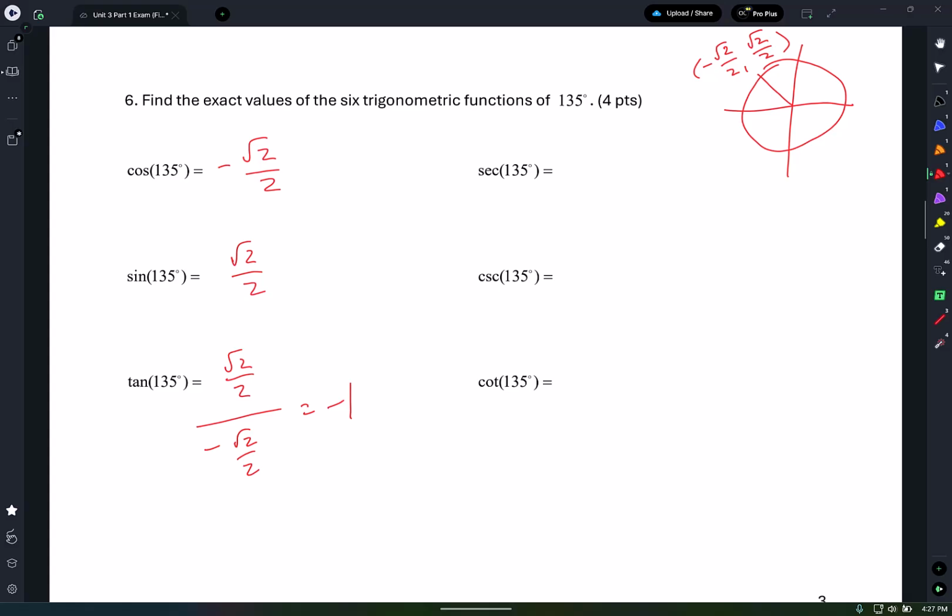No, don't do that. It's just y divided by x. Yeah, it's 1 because the magnitude is the same. Well, it's negative 1. Positive divided by negative.